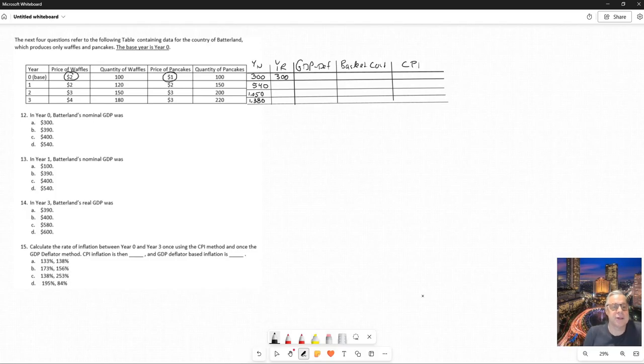But then in the next year, we take the quantity of year 1 with the base year prices. So we have 240 plus 150, which is 390.